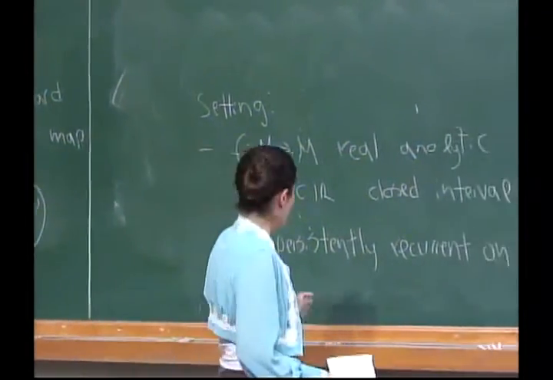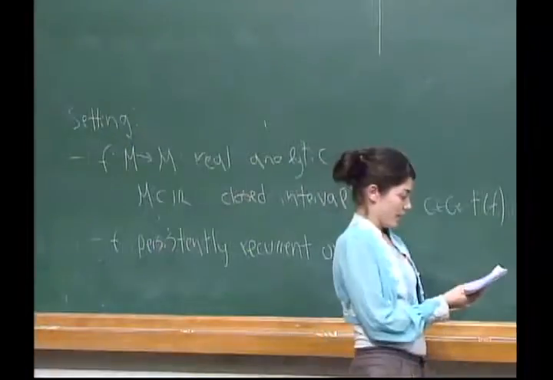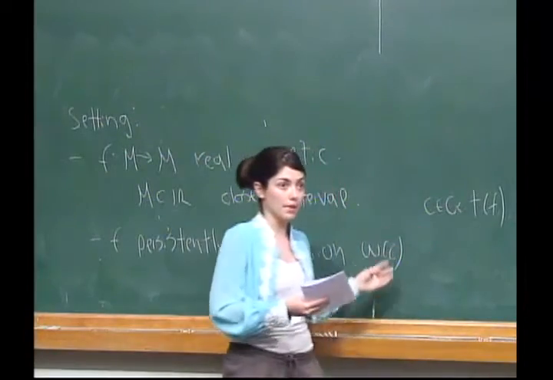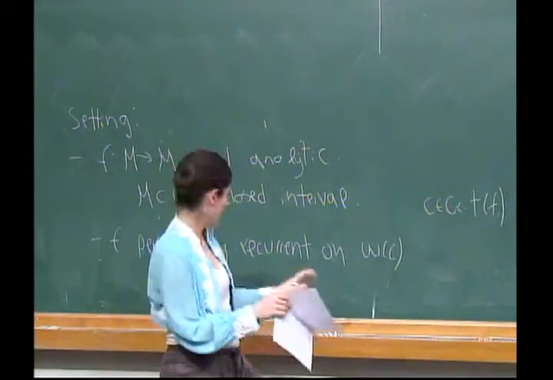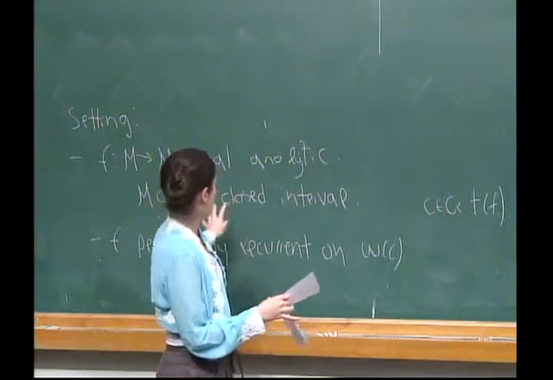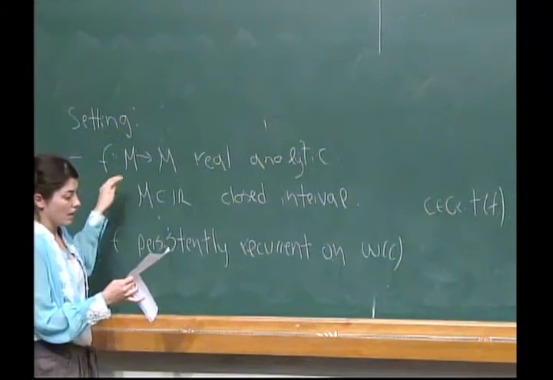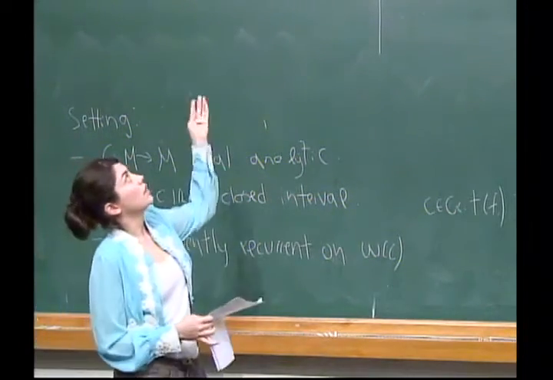Morally, just think about it like that: infinitely renormalizable maps and maps with strange structures. So that's the setting: a critical point that is persistently recurrent, for a real analytic map.